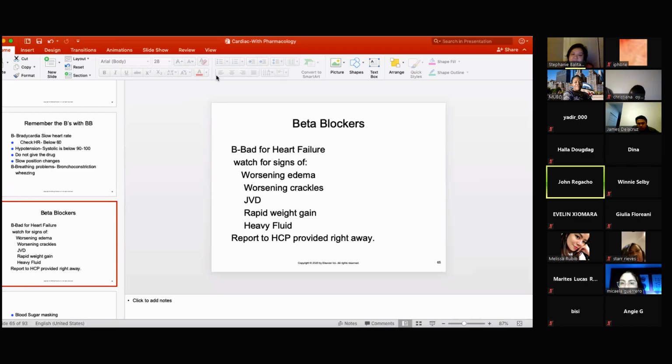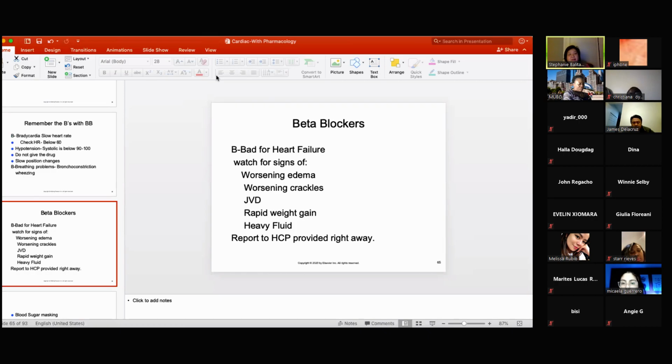What is JVD? Jugular vein distension. You can see it. It means that there's fluid overload. So you have rapid weight gain. You have to report these findings to a healthcare provider right away.